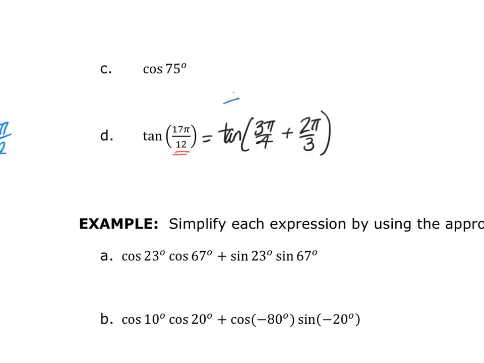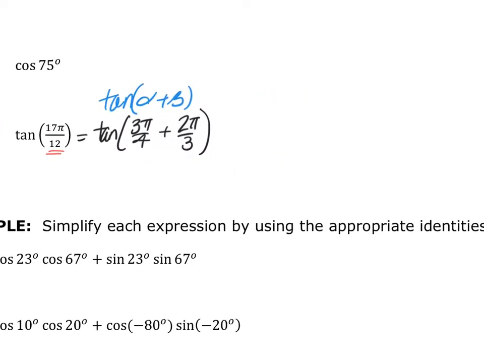Now I'm going to use the identity: the tangent of alpha plus beta is equal to the tangent of alpha plus the tangent of beta, divided by 1 minus the tangent alpha tangent beta. Now confirm that's correct because I'm doing this off the top of my head.